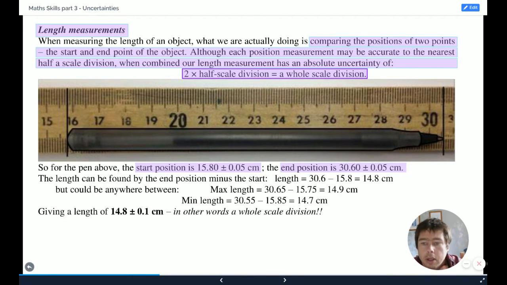So if you look at the variation between the maximum possible length, so my biggest value for the end position and my smallest value for the start position, and compare that with the minimum possible length, so the smallest value for the end position and the biggest value for the start position, then that's a variation of a value of 14.8, and then that can vary by 0.1 centimetres, so vary by a whole millimetre. So in other words, it's a whole scale division.